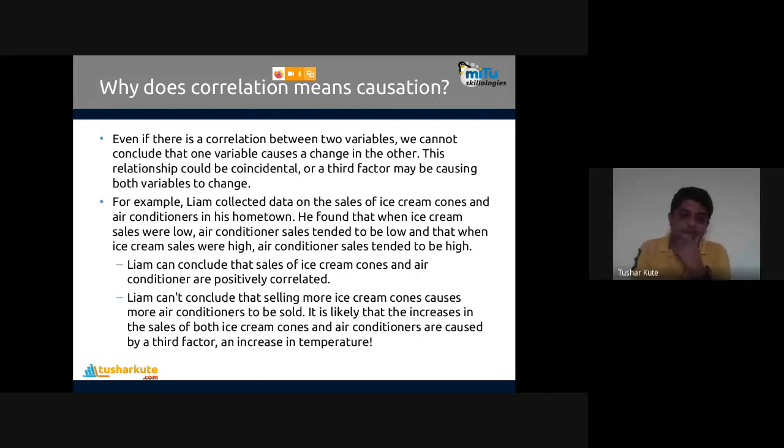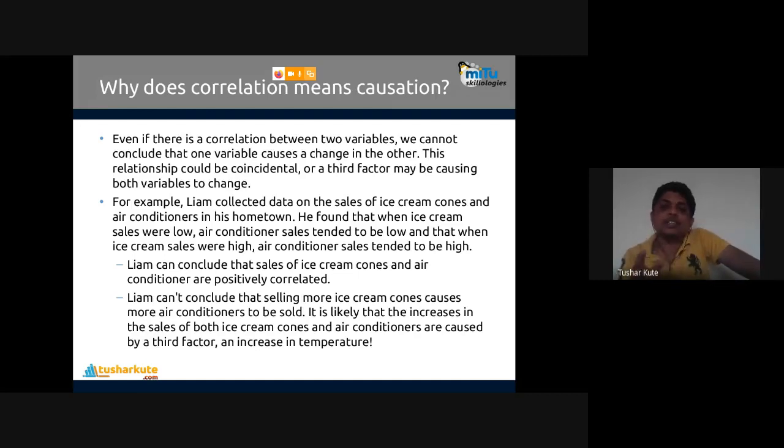So the conclusion of Liam will be that the sales of ice cream cones and air conditioners are positively correlated. Positively correlated. Remember. And Liam can't conclude that selling more ice cream cones causes more air conditioners to be sold. It's likely that increases in the sales of both ice cream cones and air conditioners are caused by a third factor.